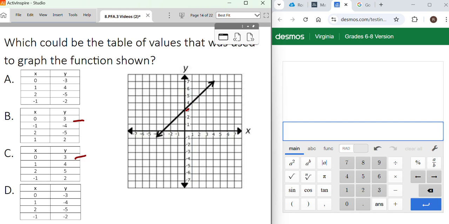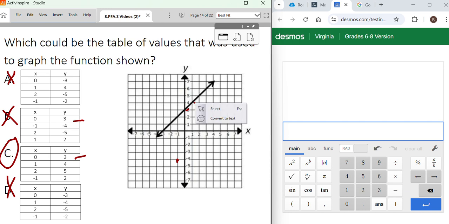So the 0, -3 and the other 0, -3 are not going to be correct points. So now I'm going to go on and try the next one. -1, -4 is way down here. That's not going to work either, so that means B's out. So C must be my answer, but let's make sure.